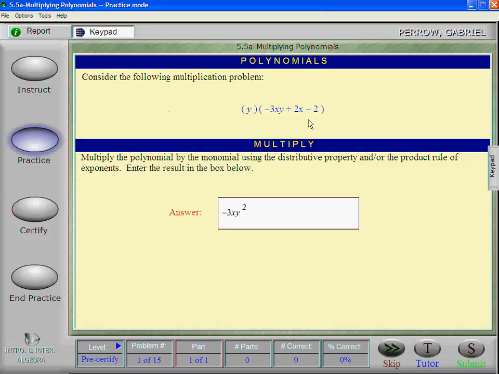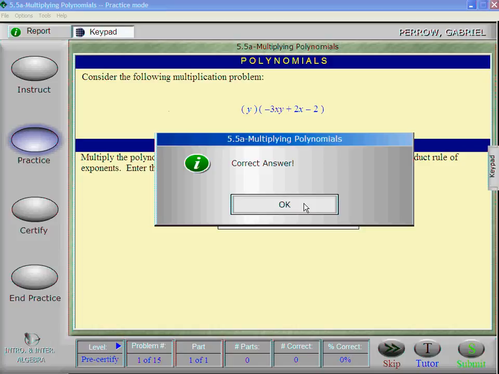Y times positive 2x, that's going to be a positive 2xy. And y times a negative 2 is a negative 2y. I don't think that example is too tough, but it's a good one to start on because it shows basic distribution.